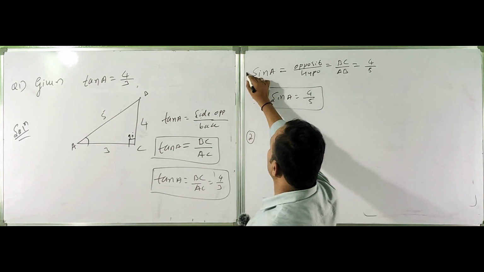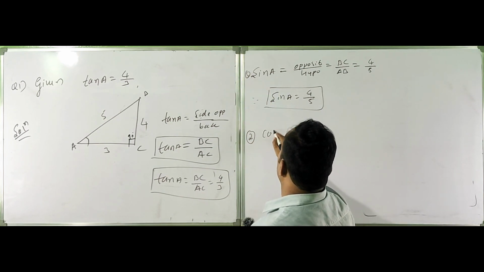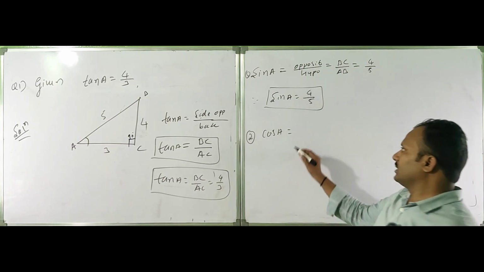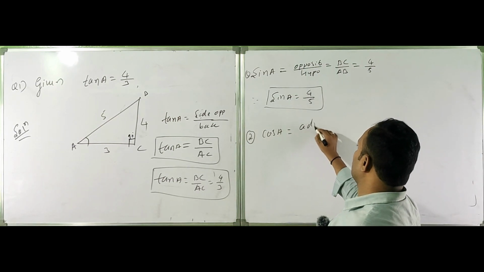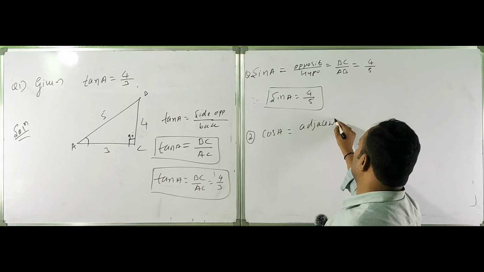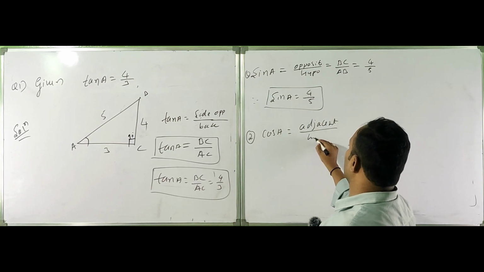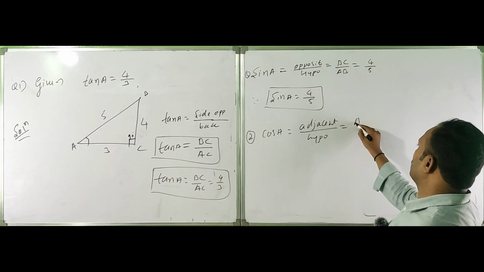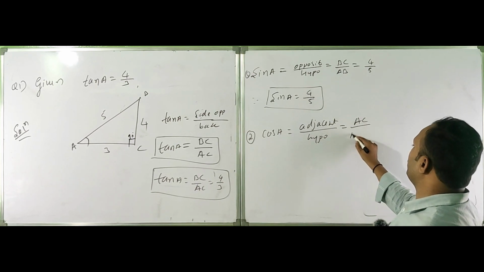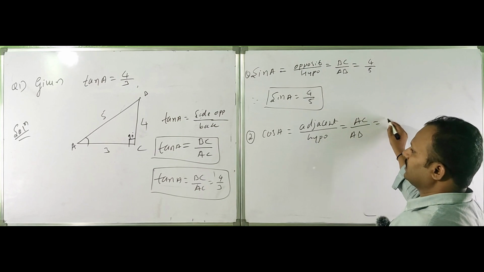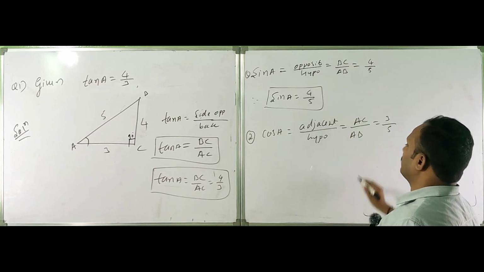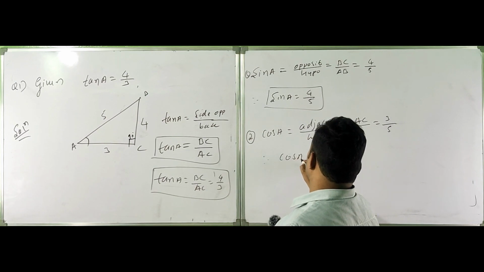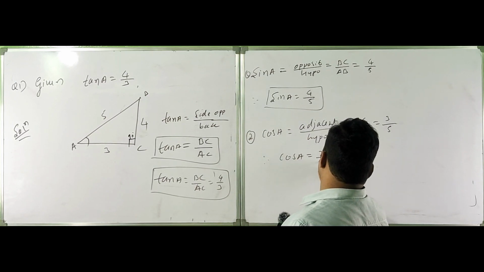Second, cos A. The definition is adjacent by hypotenuse. What is the adjacent here? AC, which is 3. What is the hypotenuse AB? 5. Therefore, cos A is equal to 3 by 5.